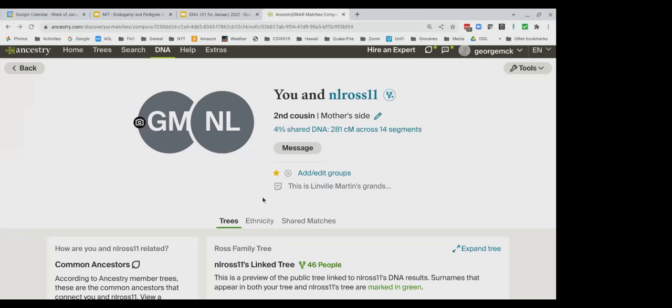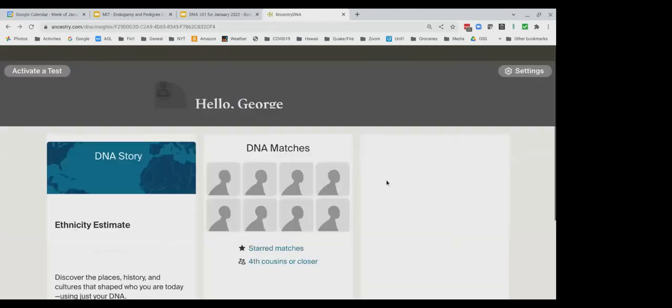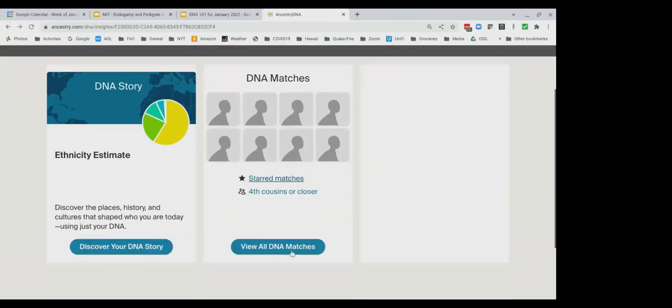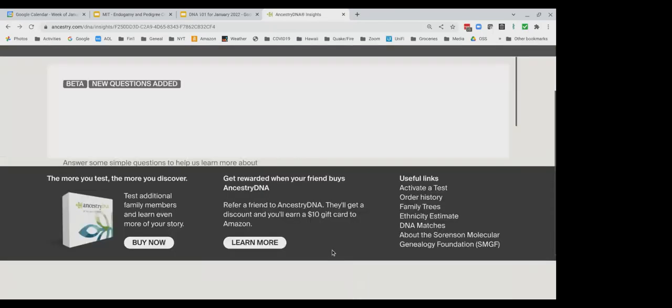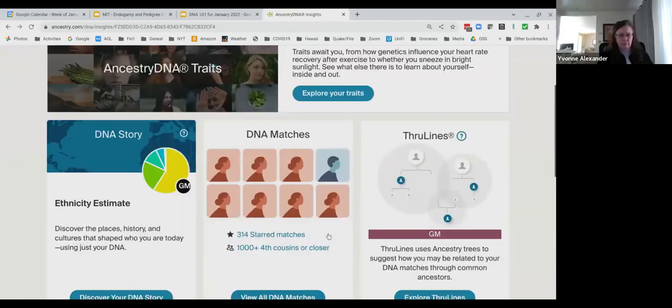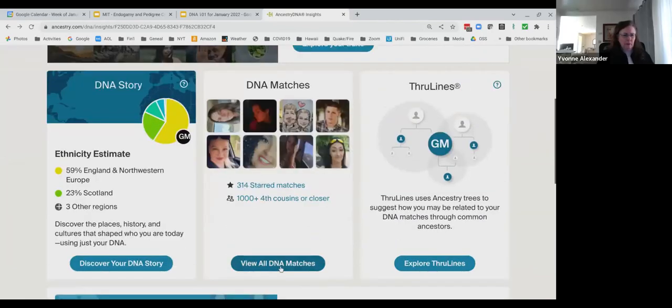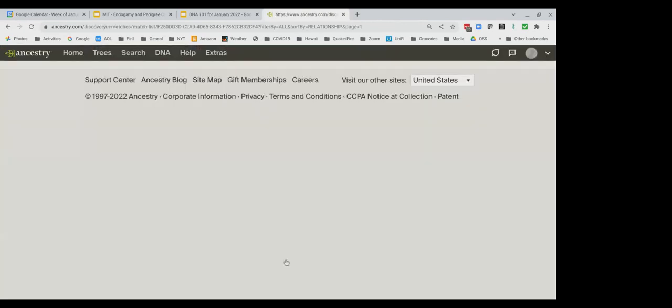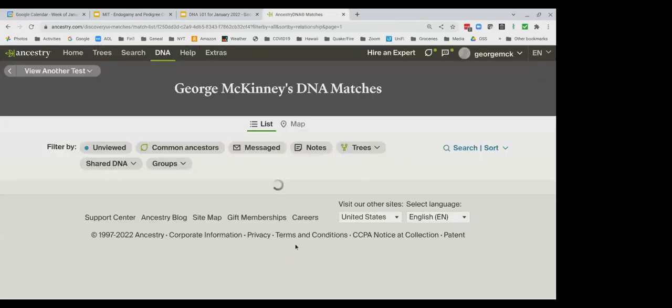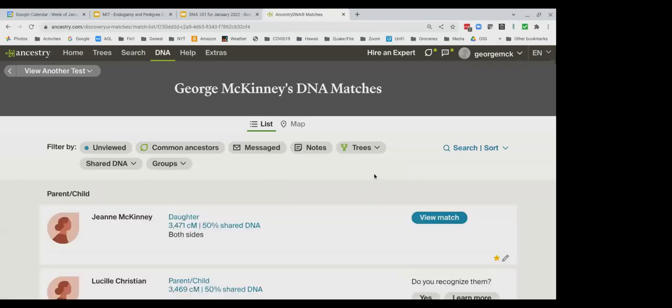Now, I want to go back again, showing you how to use Ancestry, but all of them have very similar techniques. So when we look at all DNA matches, back to all DNA matches, there are these little things at the top that are called filters.